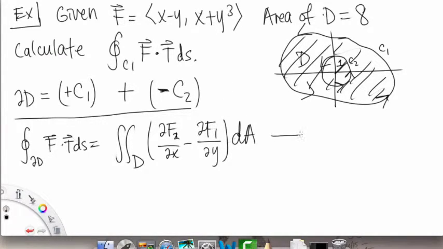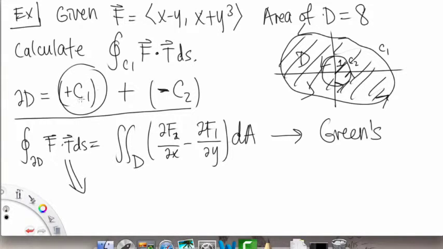So this is Green's theorem. Again, just a reminder. But our problem here is that we need to concern ourselves with C1 only. So we're going to be dealing with the left side over here, and we'll be using the right side as well, but this is the focus here.